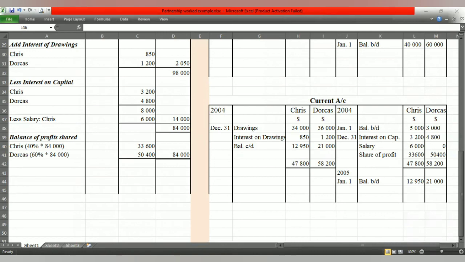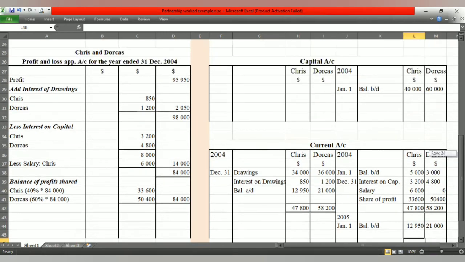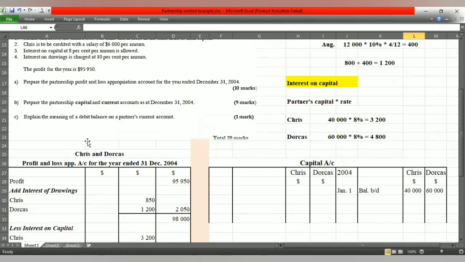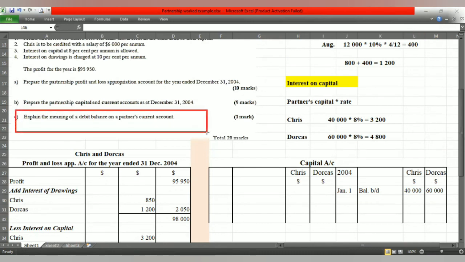Now, let's see if we have completed everything for the question. No, we have part C, but part C asks you to explain. Part C requirement is that you're to explain the meaning of a debit balance on a partner's current account. I've mentioned that so many times, but never mind.